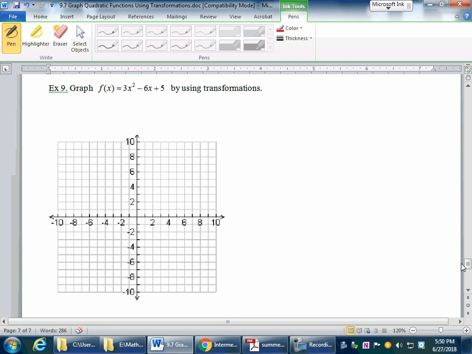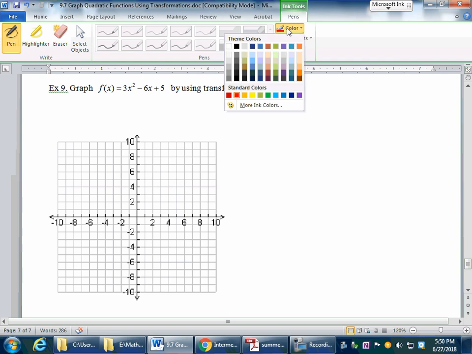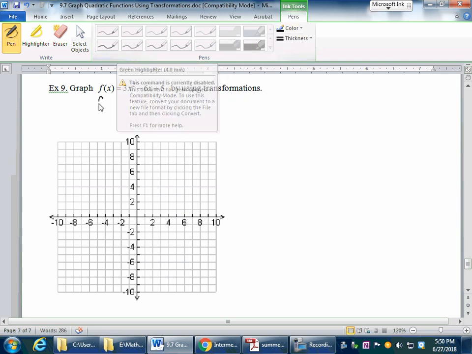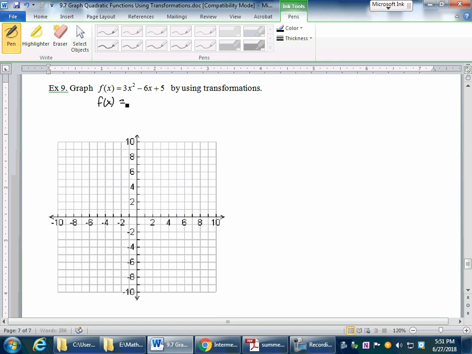Next, similarly, I want to graph this. Okay? So first I need to put it into vertex form, which is f(x) = a(x - h)^2 + k format. So I want to know what is my h.